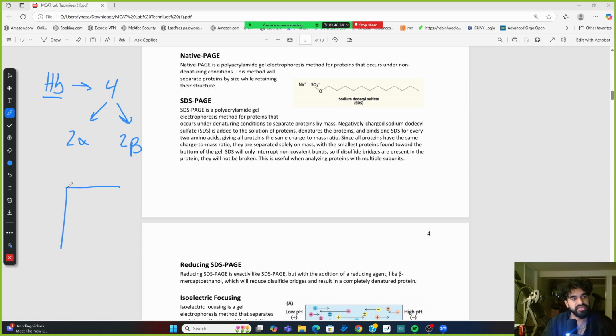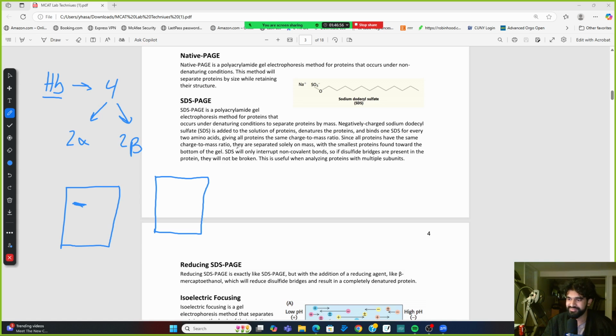Let's say that you did a native gel, a native PAGE with hemoglobin. You would see 1 spike like this. Let's say that you did an SDS-PAGE of hemoglobin. How many spikes would you see? How many blots?